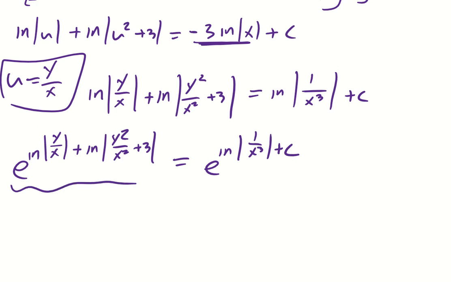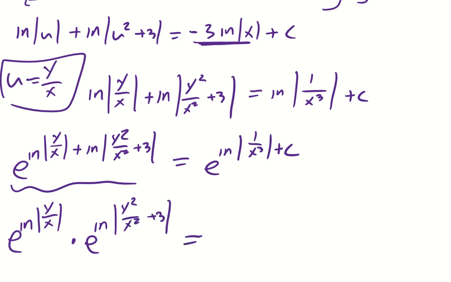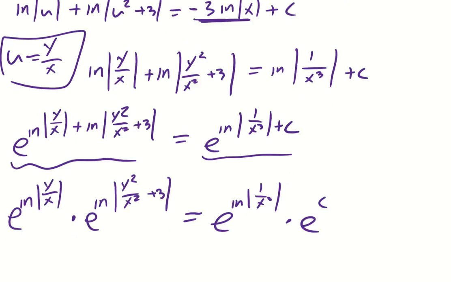This left-hand side, let's think about our rules of exponents, could be expressed as e to the natural logarithm of the absolute value of y over x times e to the natural logarithm of the absolute value of y squared over x squared plus 3. And likewise, the same rule for the right-hand side. So e to the natural logarithm of 1 over x cubed times e to the c power.